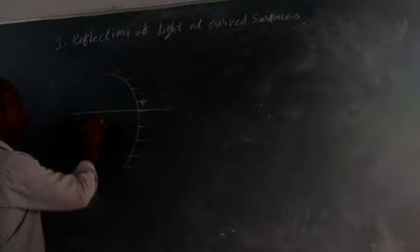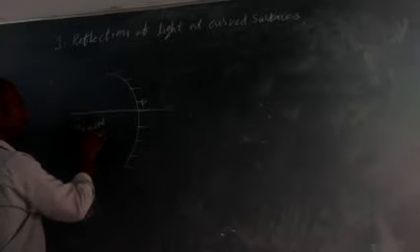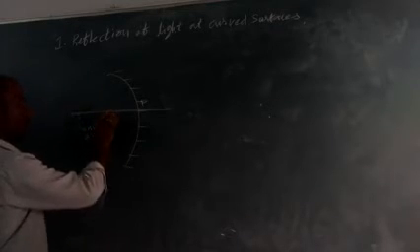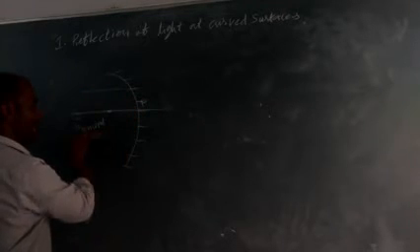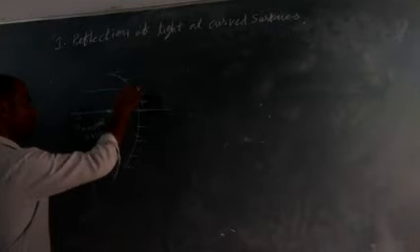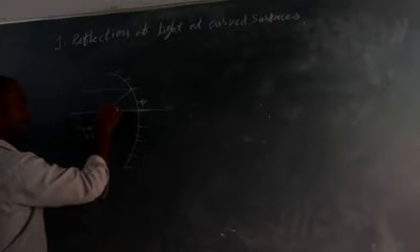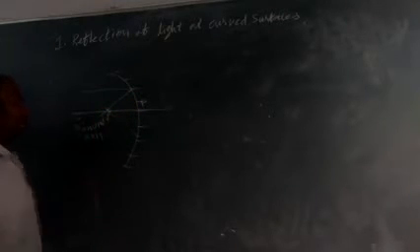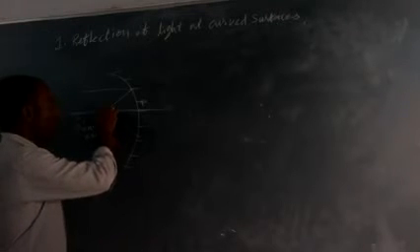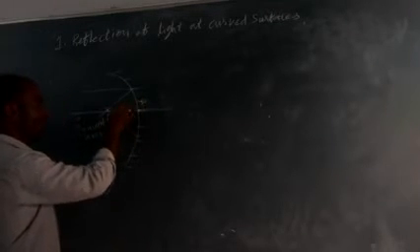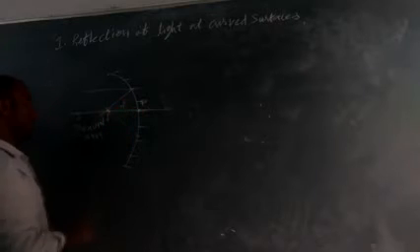Now the point at which all the parallel rays converge is called focal point. The distance between focal point and pole is called focal length.